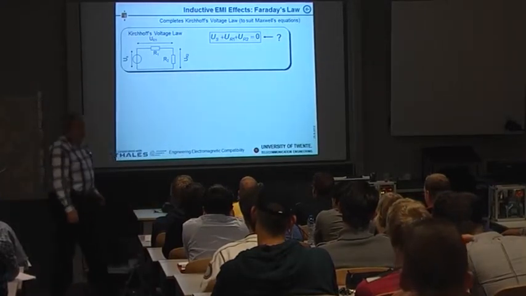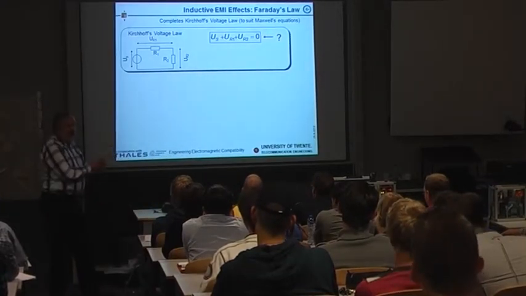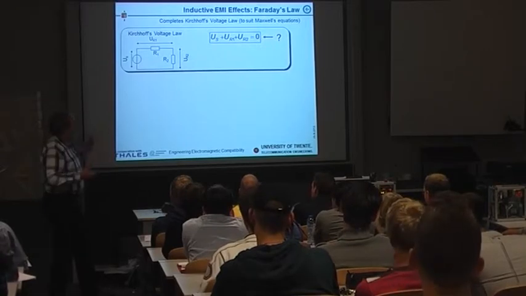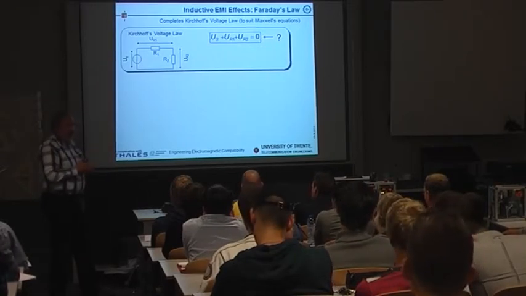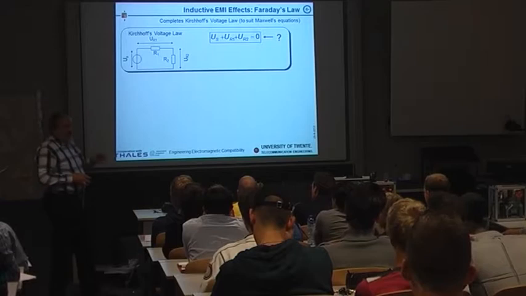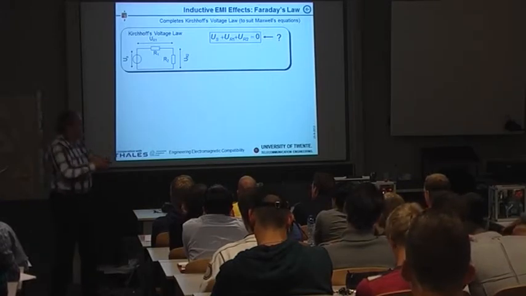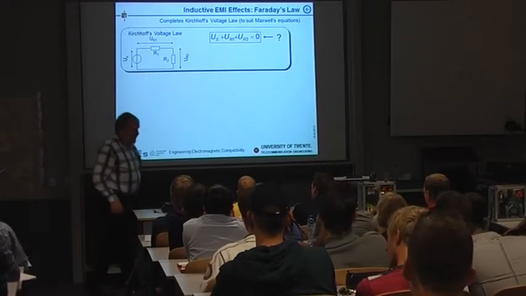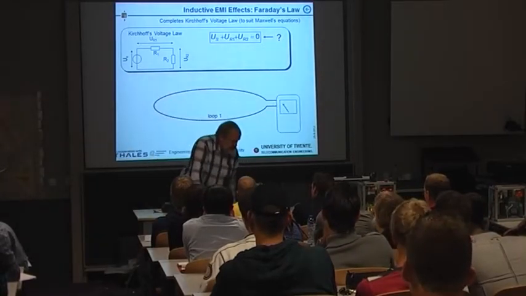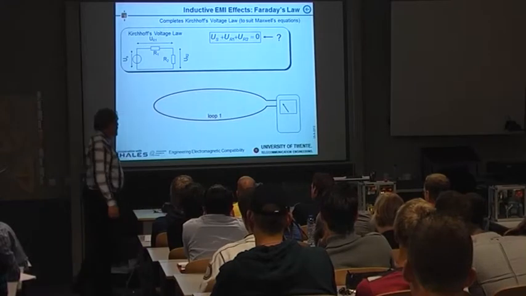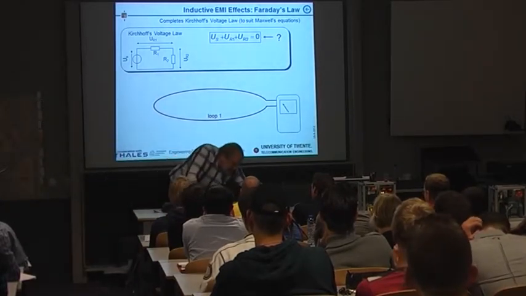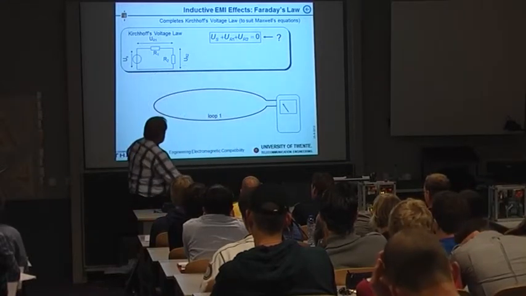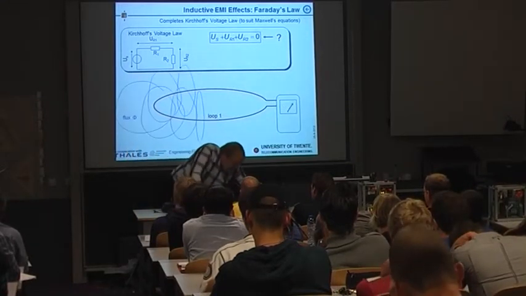This is only true if all the fields are inside the components, which is an assumption in network theory. If all the fields are concentrated in the elements and the wires are ideal, then yes, we can say it's 0. But in practice, if you have a loop and you create a field in it, or you change the field in it, an external field, it will create a voltage.